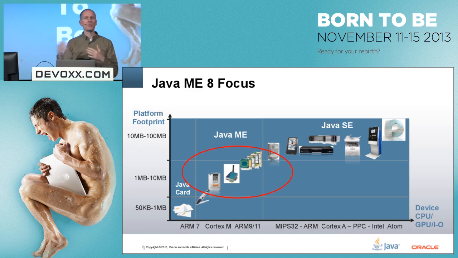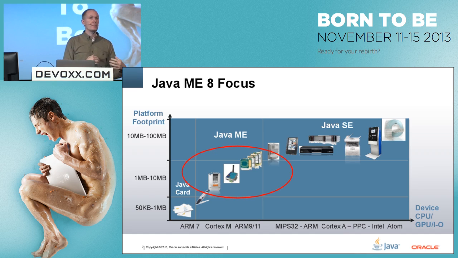Cortex-A devices are much more powerful. ME is targeted at the M class. And from a memory footprint perspective, ME is targeted at dynamic memory anywhere from about 192 kilobytes of RAM up to whatever. I mean, it can go as big as you want, but obviously once you start getting over, say, 10 megabytes of RAM, then you can start looking at Java SE.